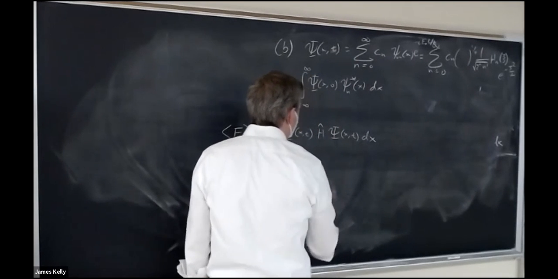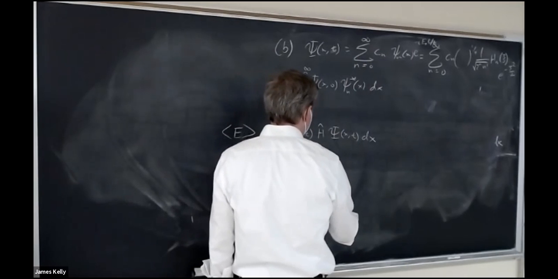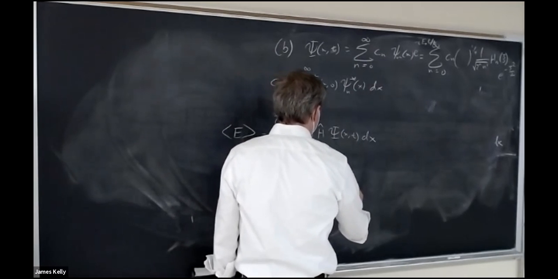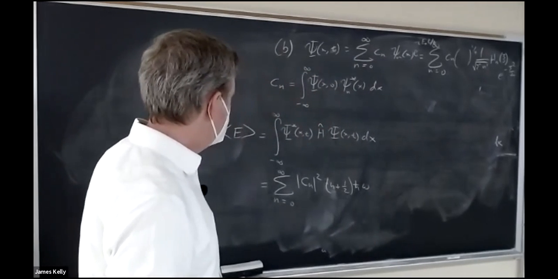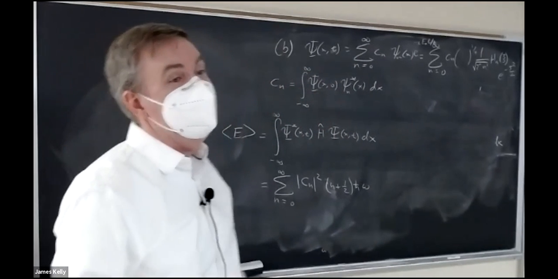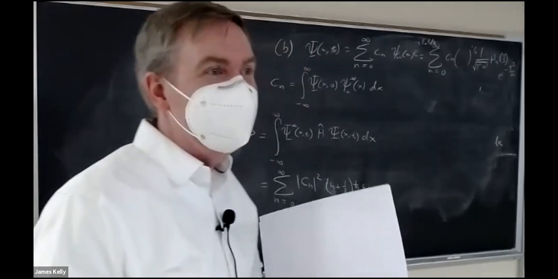So if I'm allowed to use the symbol Cn, I could just write this as (n plus 1/2) h bar omega. And that should be the expectation value of E, if I could get the Cn's as individual numbers.